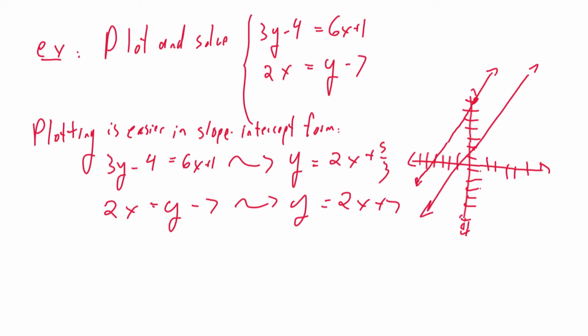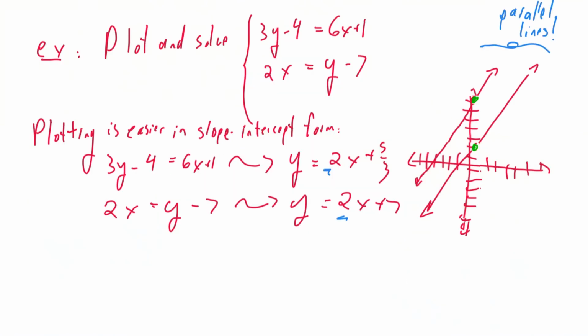So the point that I want to make here is that these are parallel lines. Right? They have the same slopes, too. They have different y-intercepts, but that doesn't matter. That just means I intersect the y-axis in different places. But the key point is that these are parallel.